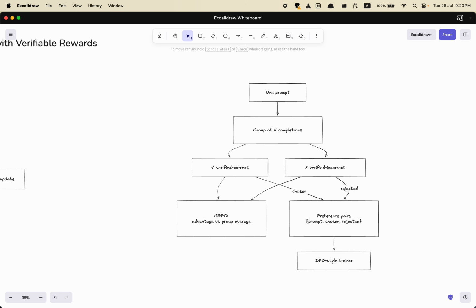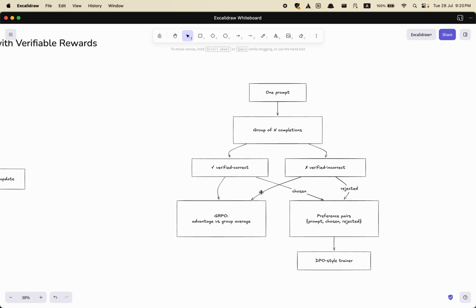Normally, those pairs come from human preference labels, but in RLVR, the verifier creates them for free. A correct completion equals chosen, and an incorrect one equals rejected. There's no real reward loop, and no sampling during training, just supervised loss on pairs. Because of that, it's very stable and easy to run.